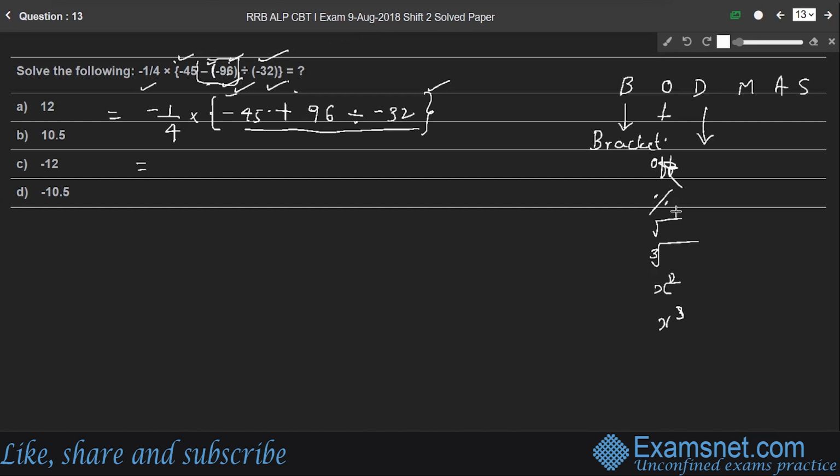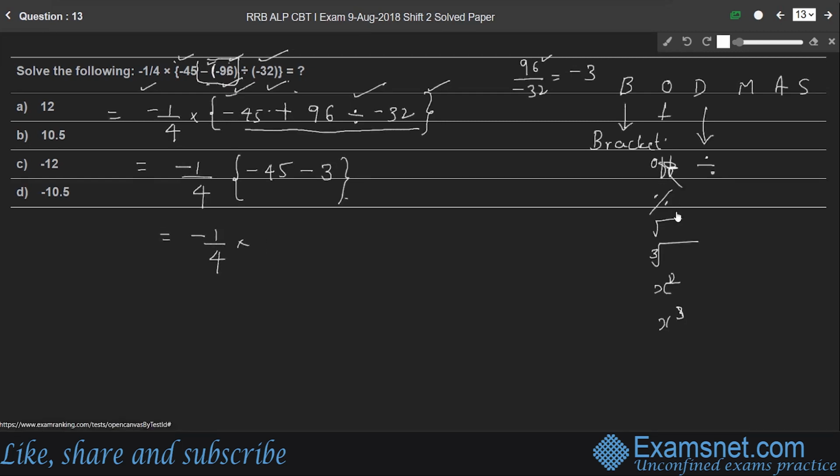Next comes division. Here is the division part, 96 divided by minus 32. So go for that. Minus 1 by 4 into minus 45. Here plus 96 divided by minus 32: 32 into 3 is 96, with negative sign, minus 3. Therefore, minus 45 minus 3. Now minus 1 by 4 into minus 45 minus 3 is minus 48. So the bracket is removed here.